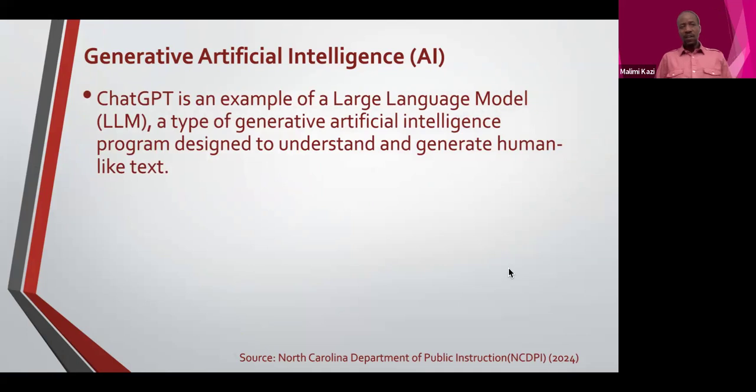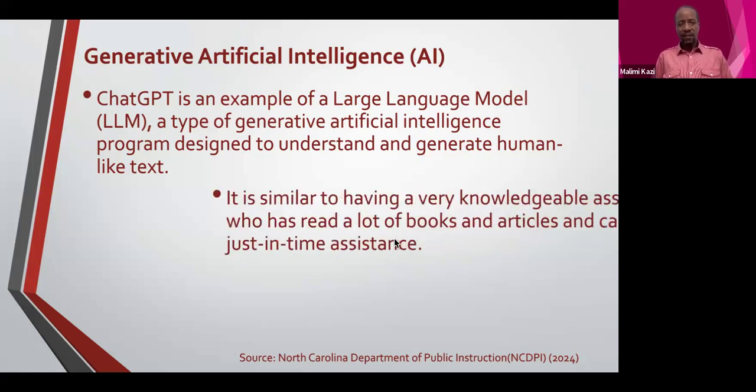So a good example of generative artificial intelligence is ChatGPT. This is a large language model. It is a type of generative artificial intelligence program designed to understand and generate human-like text.